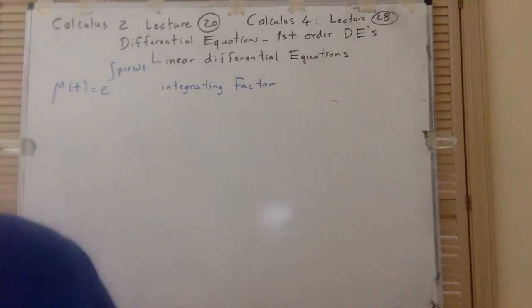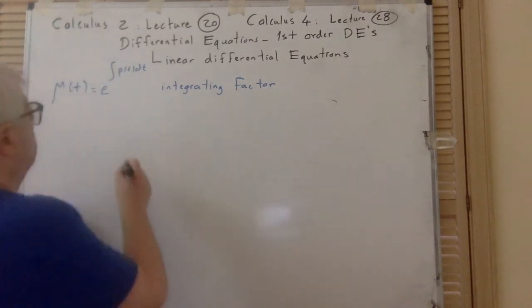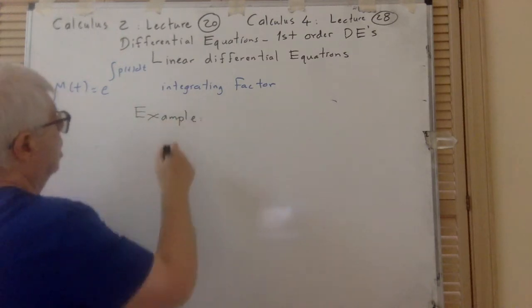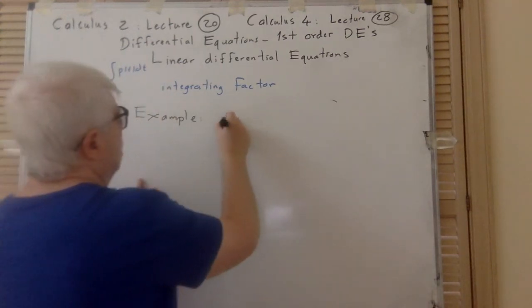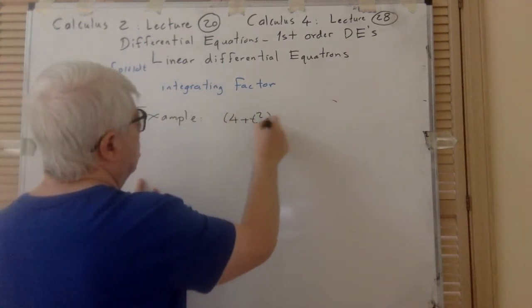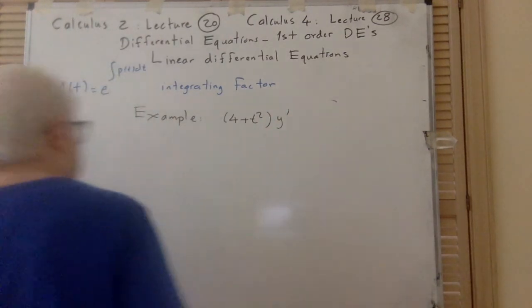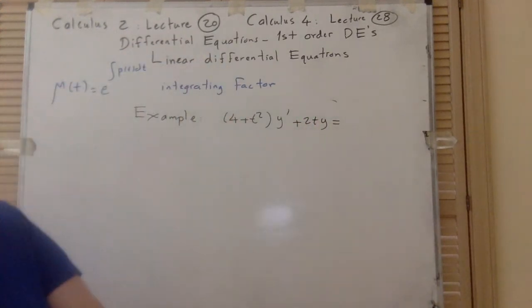Okay, so examples. Let me find some easy examples. This is a good one. Example: 4 plus t squared y prime plus 2t y equals 4t.